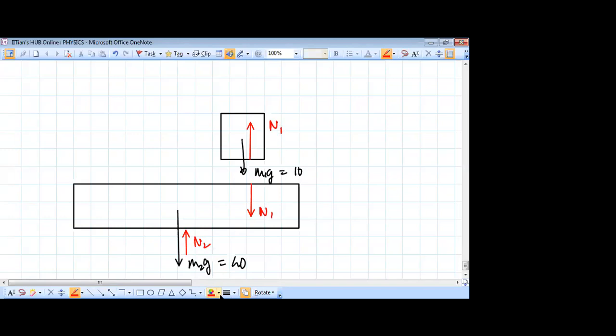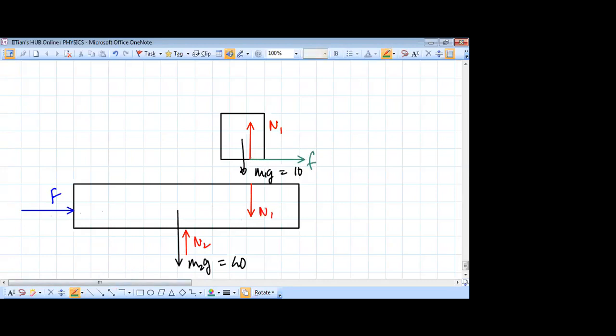But the difference is this time the horizontal forces. The moment I apply this force, this will automatically generate a friction on this one. This has a tendency to move towards the right, so it will carry this with it by applying a frictional force on the floor of this block towards the right.